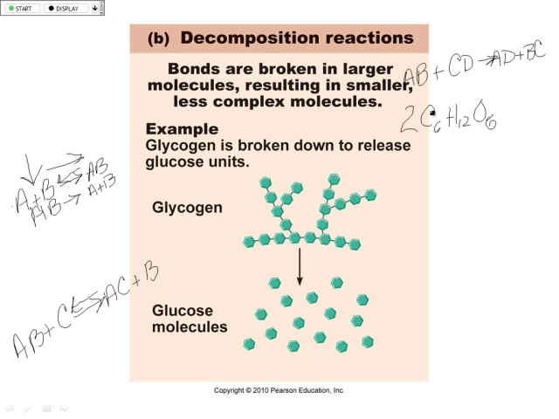So the numbers, when you put that 2 in front, if I look at just the atoms, there are 12 carbons, 24 hydrogens, and 12 oxygens. But remember, they're lined up to make a glucose molecule. Does that help?